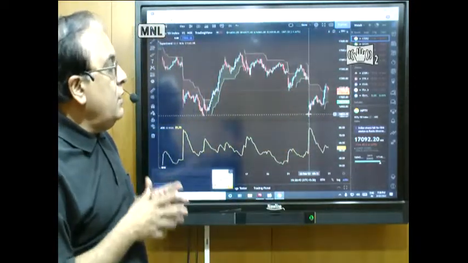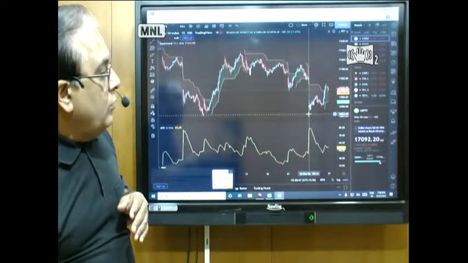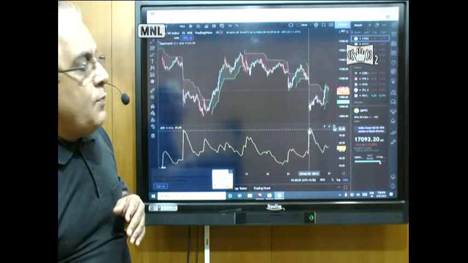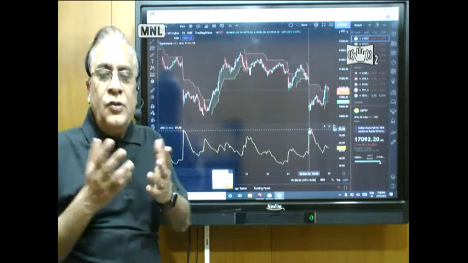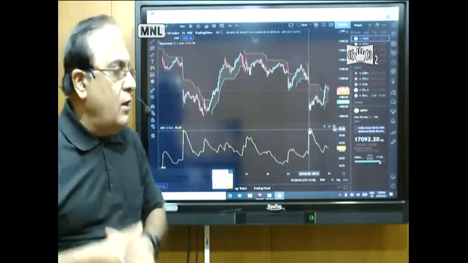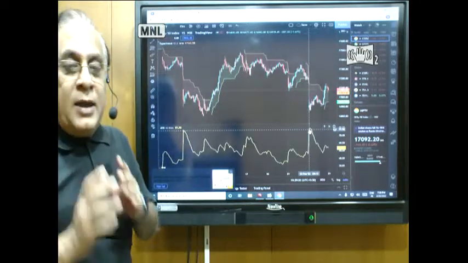So 16,910, the moment it starts to rally above the 10 ATRs. Now 10 ATR at that point of time was closer to the 80 points. So it has to clear that 16,990 to 17,000 level, let us say. Then in that case, probably the dip can become a support level.